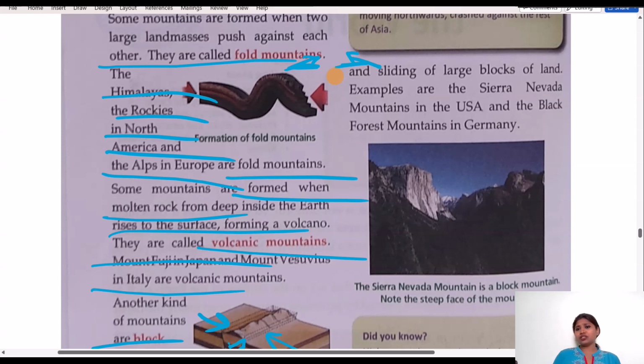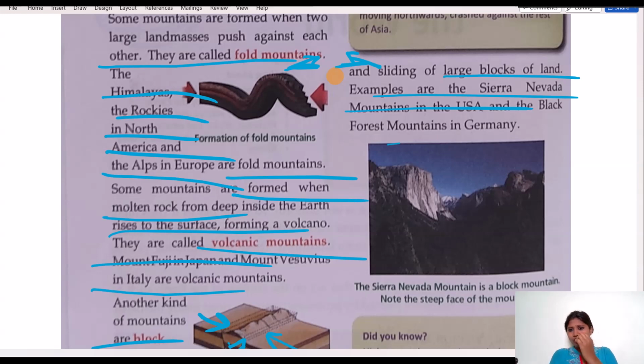If we see large blocks of land, examples are the Sierra Nevada mountains in the US and the Black Forest mountains in Germany.